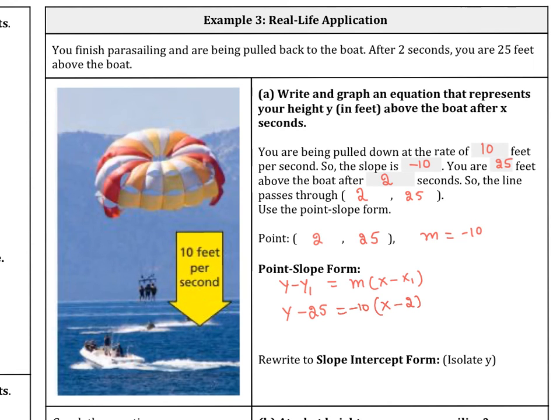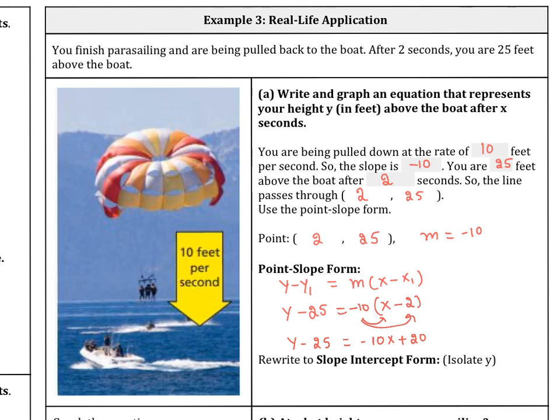So we are going to rewrite it in slope intercept form by isolating y. The first thing we want to do is distribute the negative 10 inside. So negative 10x plus 20.